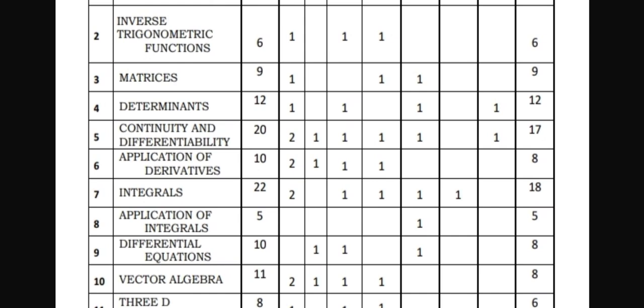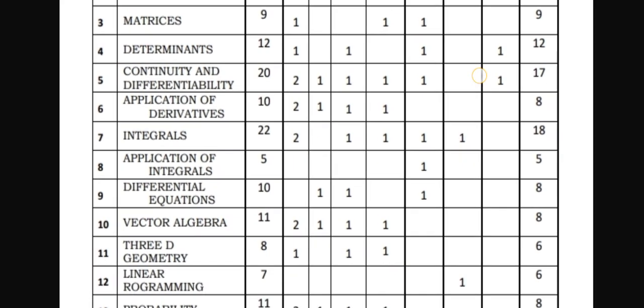The 6 marks question is on the properties of the definite integral. There are 7 main definite integral properties, and one of the 7 properties is asked in the examination for 6 marks. Overall this chapter carries 18 marks.